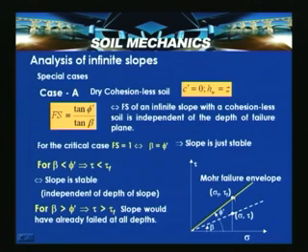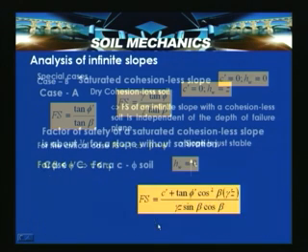That indicates that the slope would have already failed at all depths. So, for beta less than phi', tau is less than tau_f, the slope is said to be in stable condition independent of the depth of the slope. For beta greater than phi', tau is greater than tau_f, the slope would have already failed at all depths.